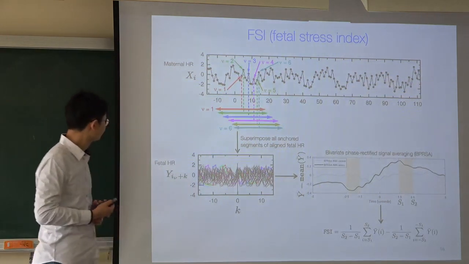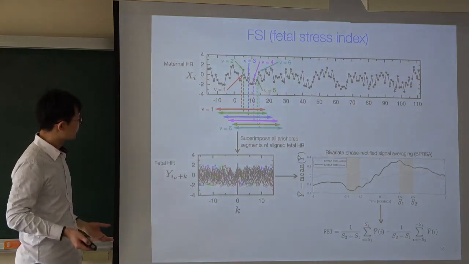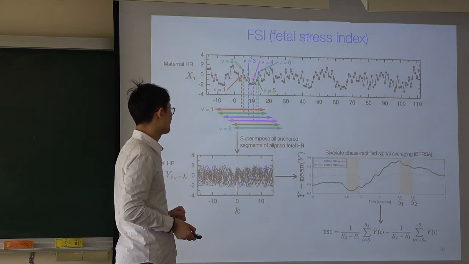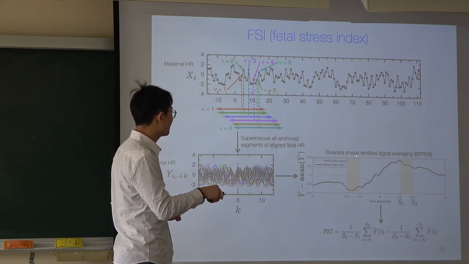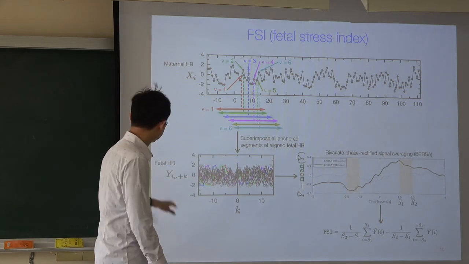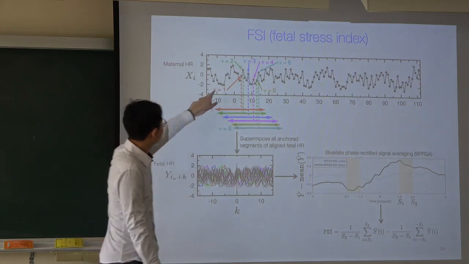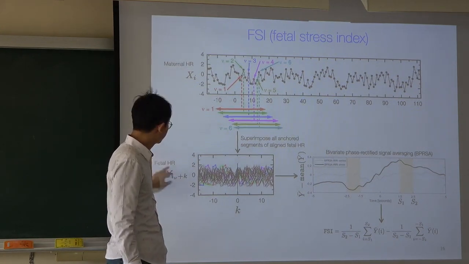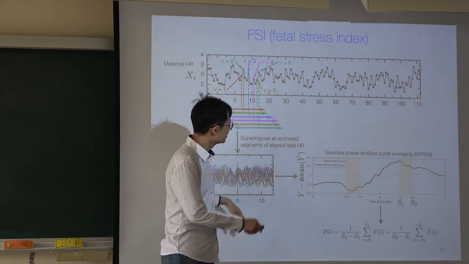This is how it looks. And then what do you do? You just take the average, and this is called the bivariate phase rectified signal average. This is from fetal heart rate. So you get the anchor point from maternal heart rate, and for fetal heart rate, you collect everything, and then you do the average.